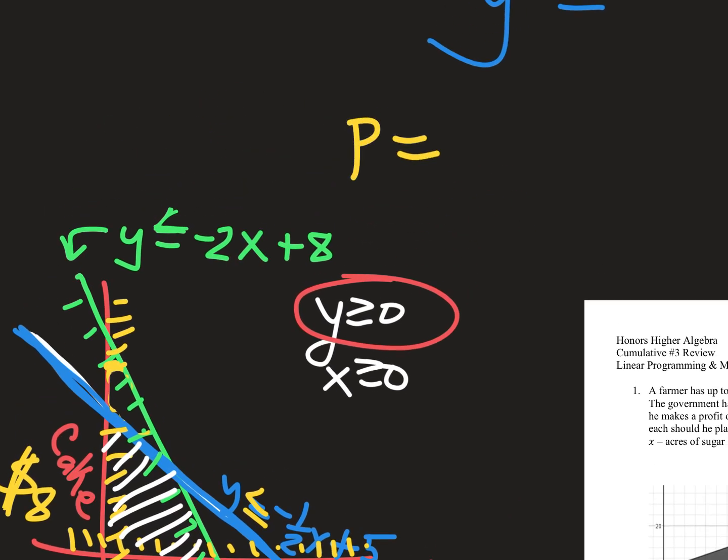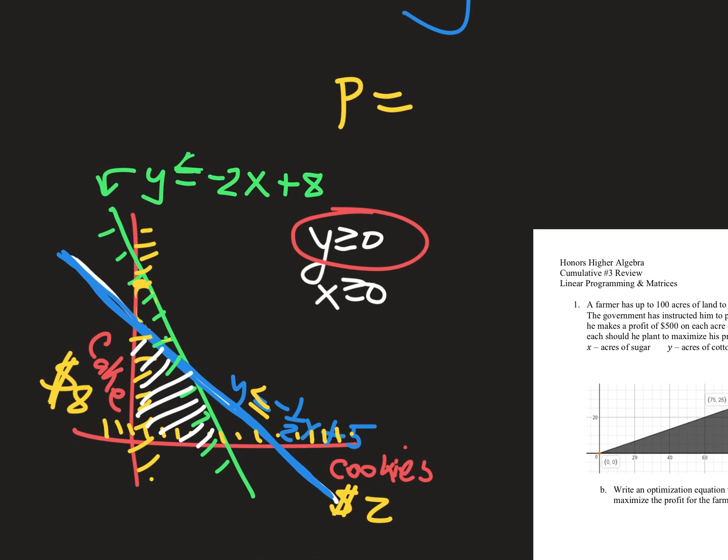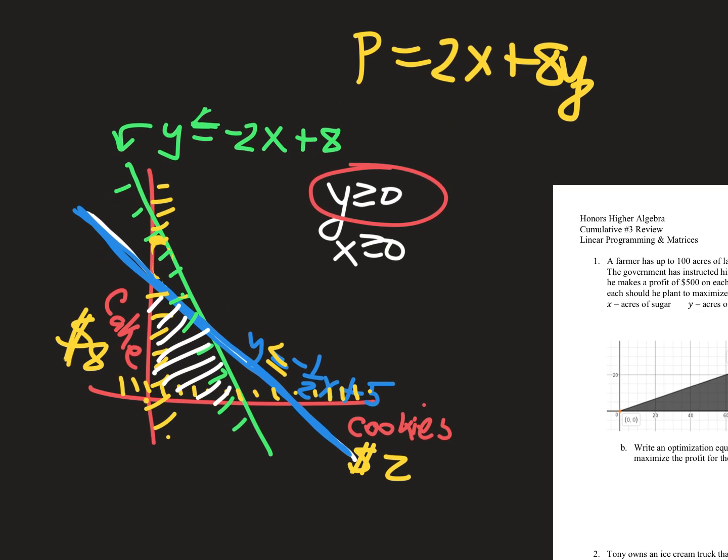Mr. Breen, what was that equation? 2x plus 8y. Still, almost nobody got that wrong on the test. But what they got wrong was the next part. I told you you don't even have to test 0, 0. We know we're not going to make any profit there, so by logic, no reason to test it.